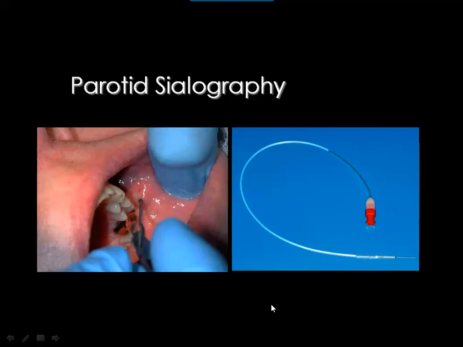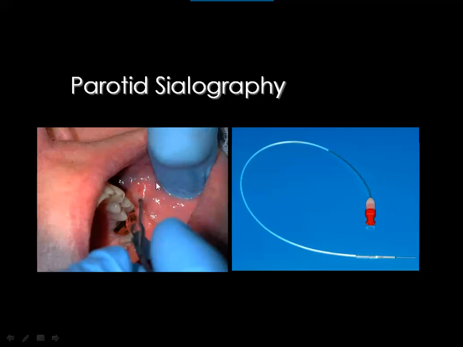And for sialography, we use a specific catheter, a sialography catheter, and this catheter is introduced into the orifice of the main parotid duct, which is located adjacent to the upper second molar tooth.